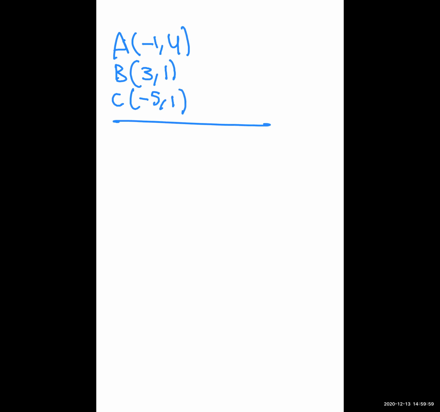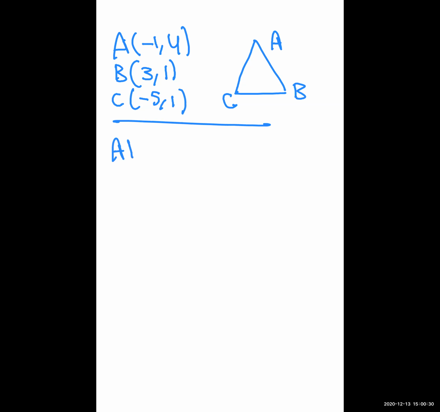Then find its area. So there is one triangle like this, A, B, C. We want to prove that this triangle is isosceles. So this means two sides of this triangle are equal. So we have to get AB, BC, and AC. This will be the first step so that we can prove that it's isosceles. Then we can get the area.